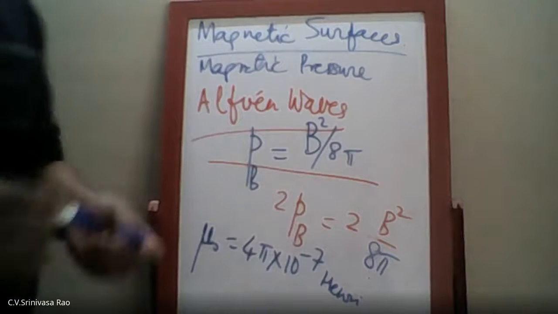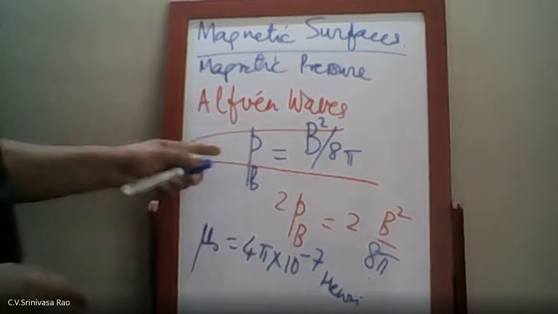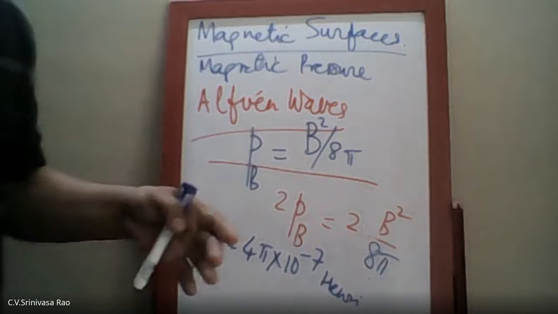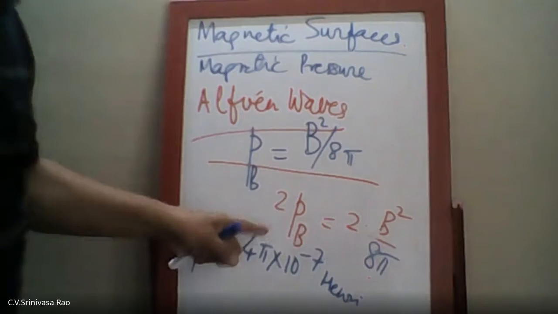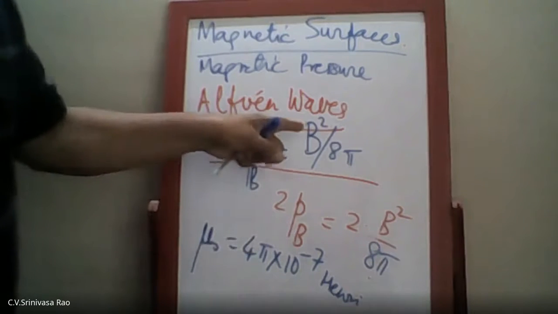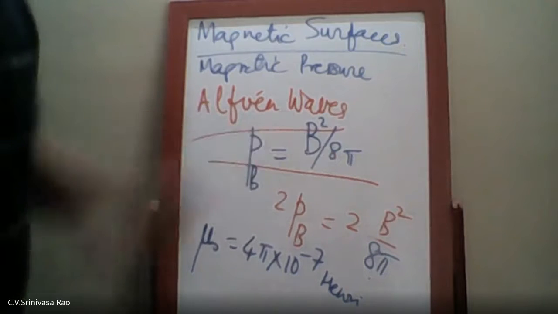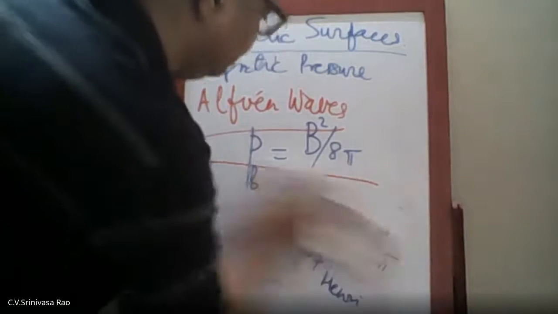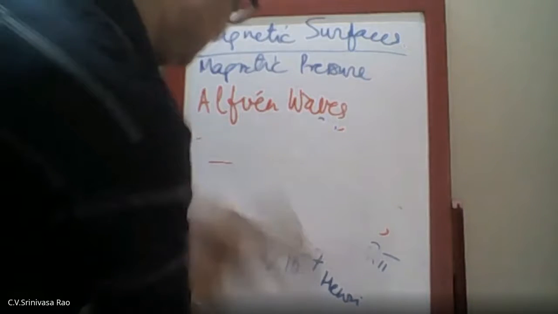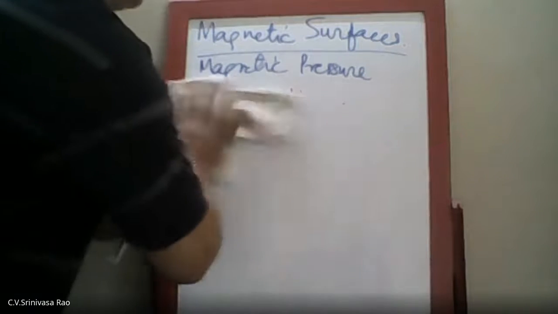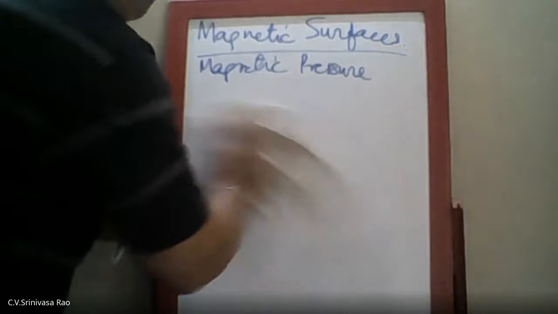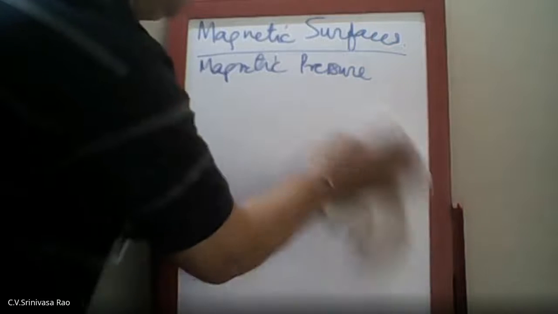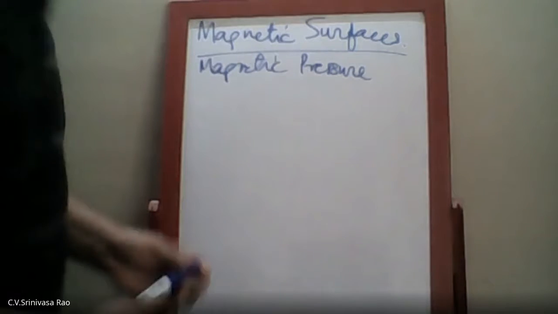Another important concept: associated with every magnetic field line, there's a tension which is twice the magnetic pressure, and magnetic pressure is basically B squared by 8 pi. These are Alfven waves. We'll discuss more on this when we go to the next topic of waves in plasma.